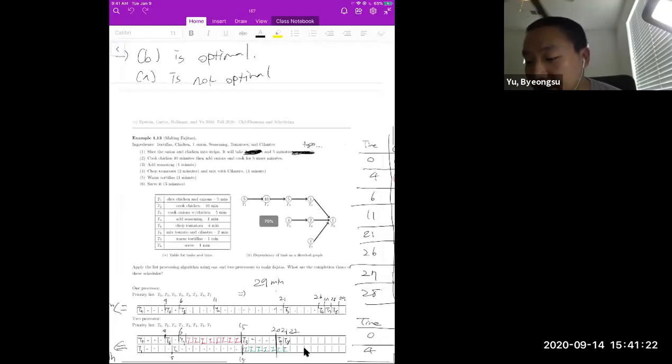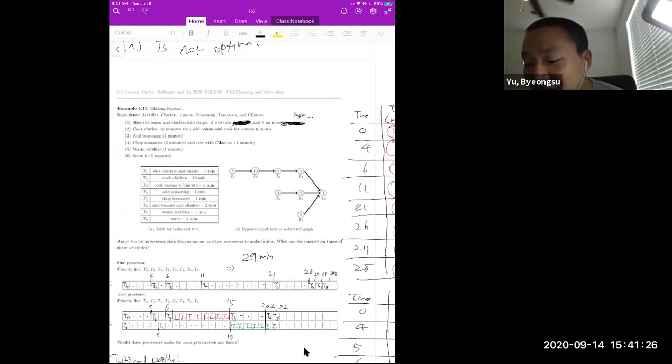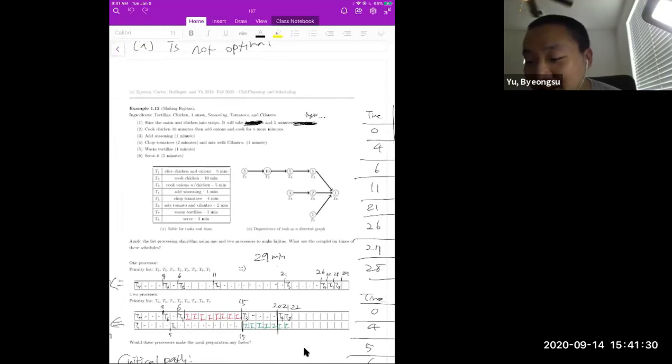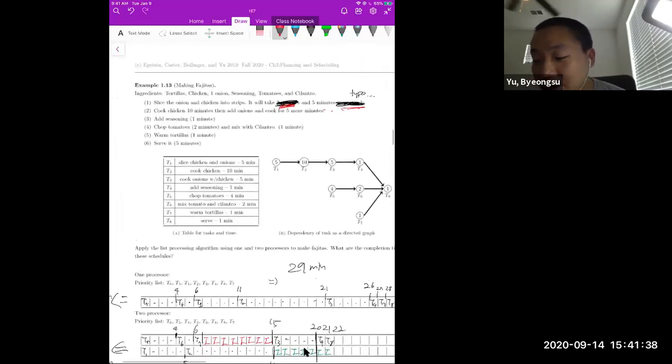So as I said, onion and chicken is contained in one process in this case. That's a typo, so that's why I say that it is already 5 minutes. Here, first of all, we need to slice the onion and chicken into strips. And to cook chicken, we need to slice first. That's why we have this edge from T1 to T2.